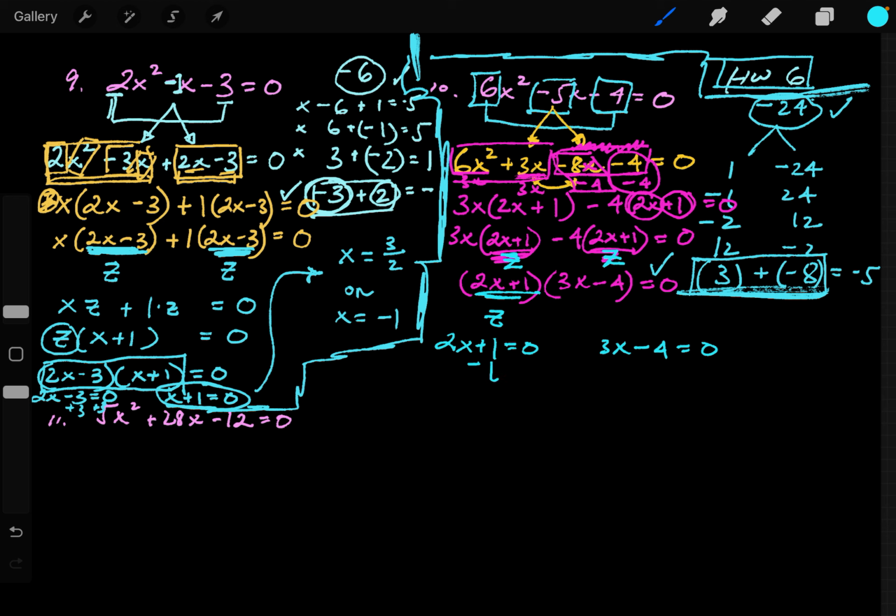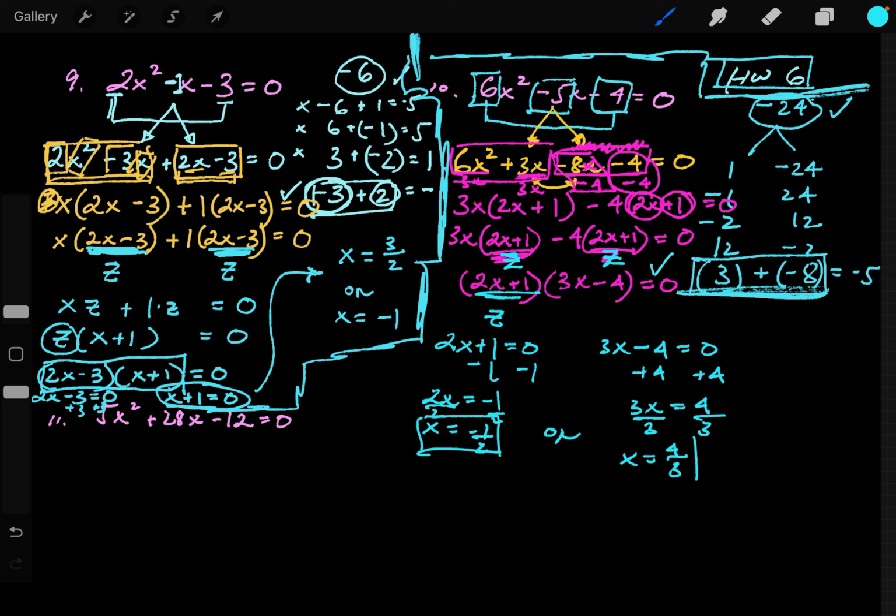Subtracting 1 on both sides, 2x equals -1, so x equals -1/2 when I divide by 2. That's one solution. Or I add 4 on both sides: 3x equals 4, divide by 3, and I get x equals 4/3. These are my two solutions for this original quadratic equation.